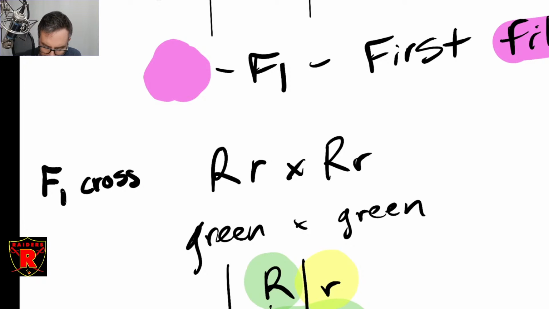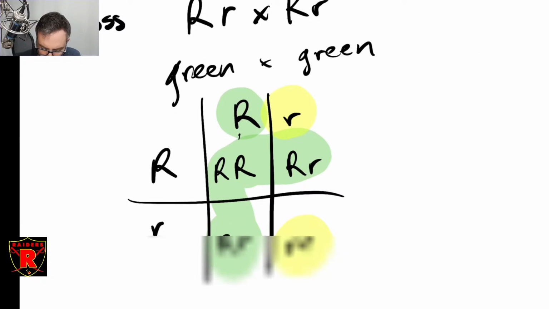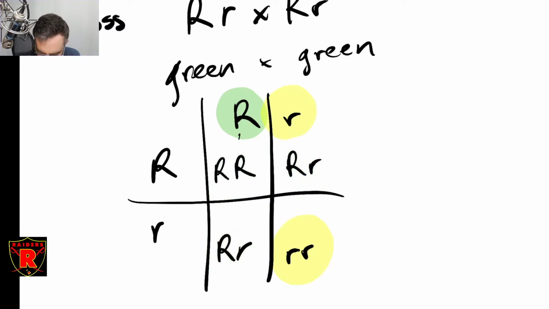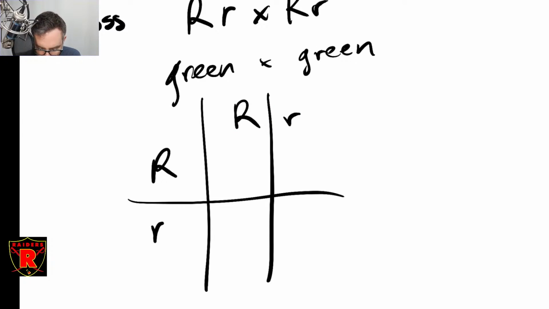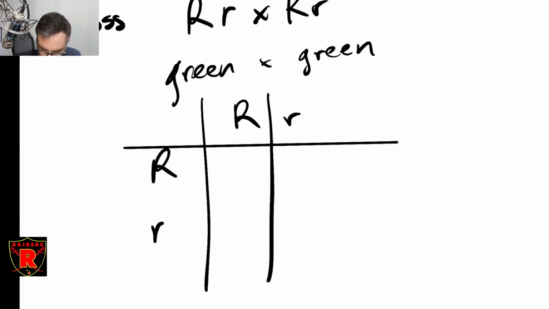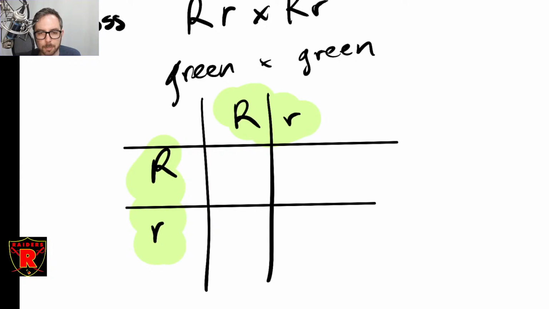We're going to do the exact same thing with our Punnett square. So let me erase all this here. Okay, so we have, oh, it's missing a line. We have our green offspring here and our green offspring, and we're going to mate them together.